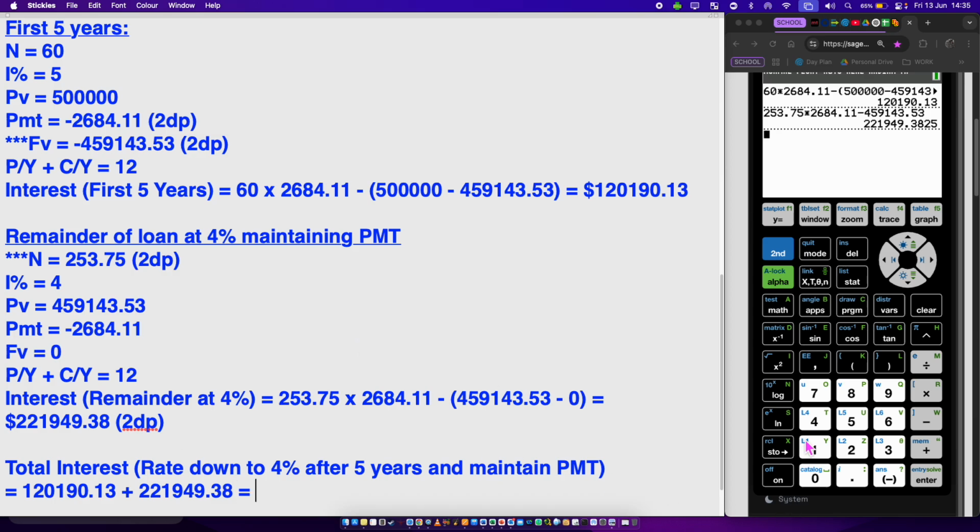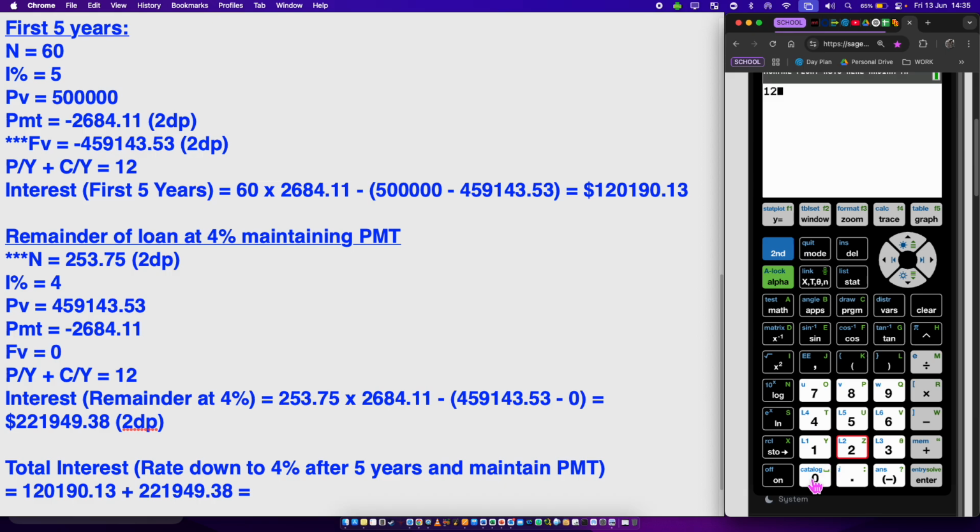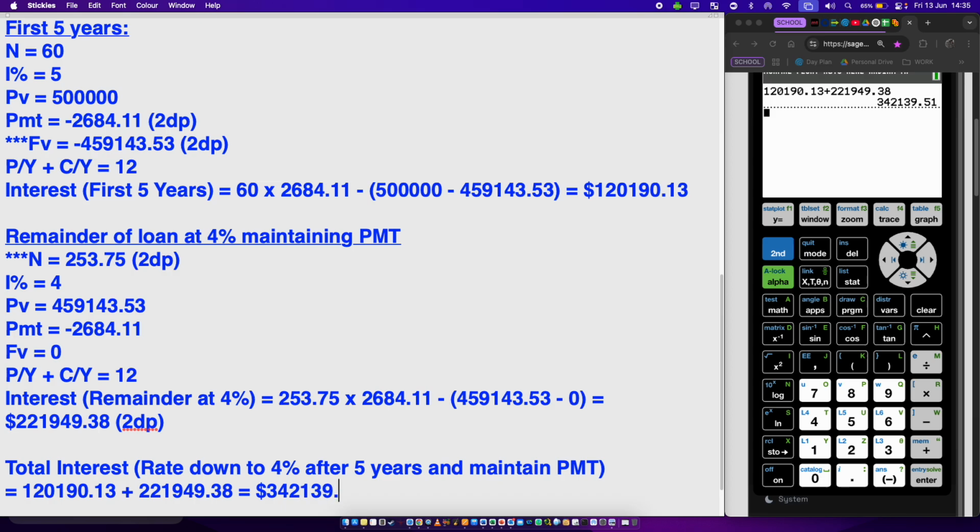So in total, 120,190.13 plus 221,949.38. So with this reduced refinance loan, I'm paying $342,139.51. Is that lower than the default loan?